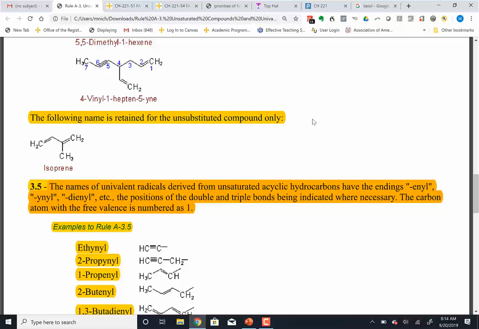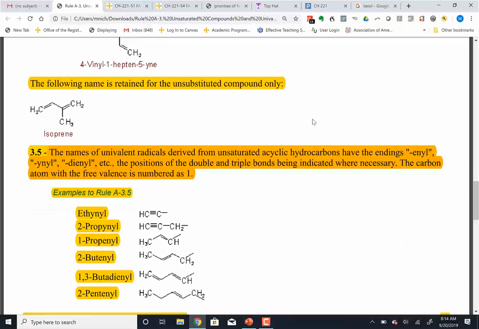In the problems I'll give you, you'll be able to have the chain contain everything. Then you number from the end closest to the first double or triple bond, but the yne always comes last, as the last of the suffixes.